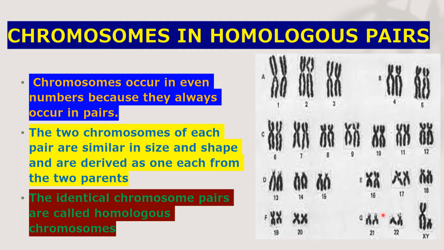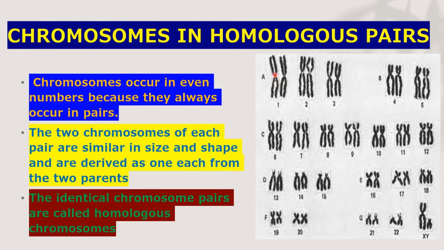Each pair of chromosomes is equal in size and shape, right? And are derived as one from each of the two parents.